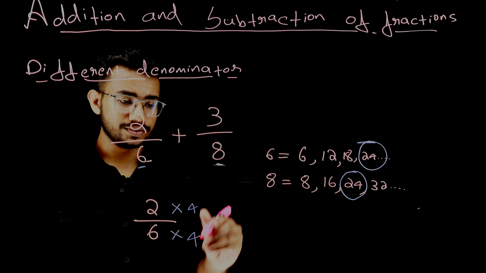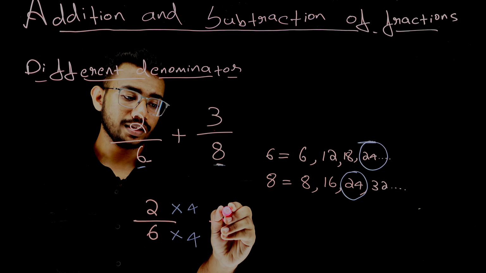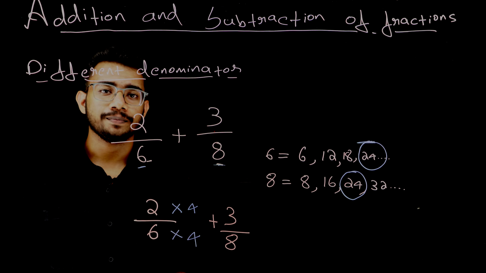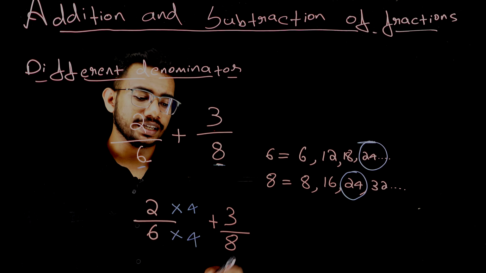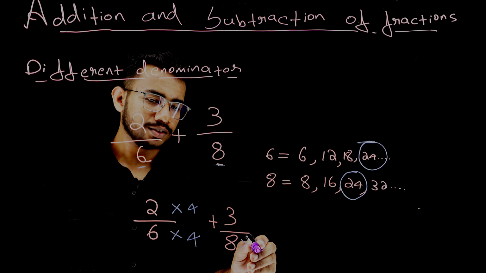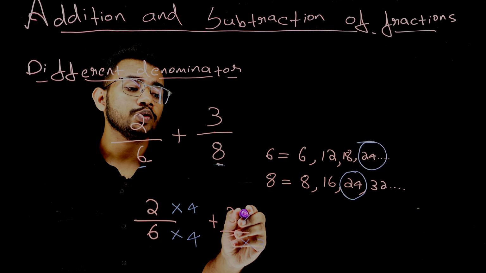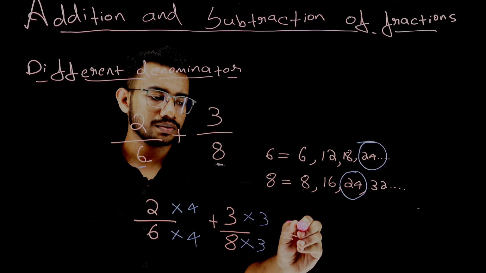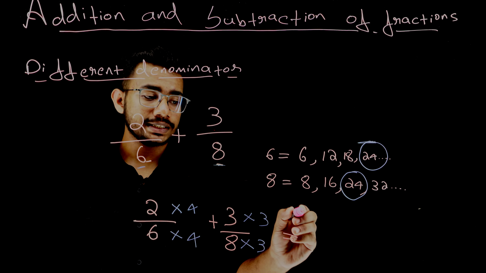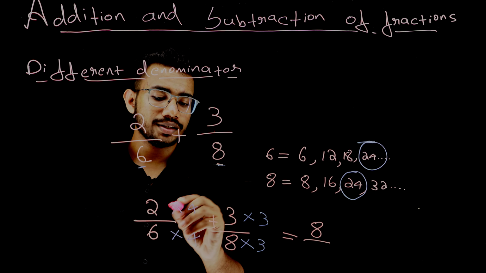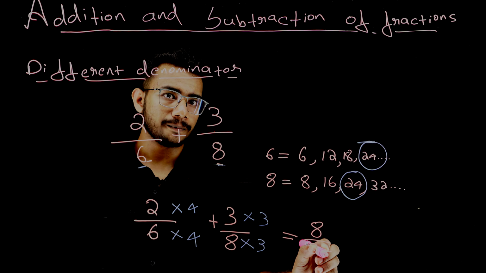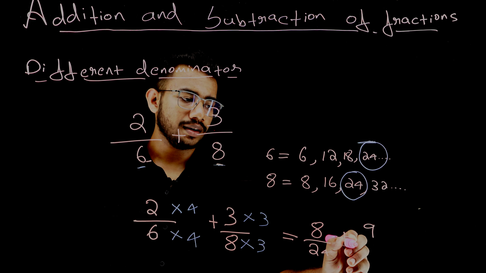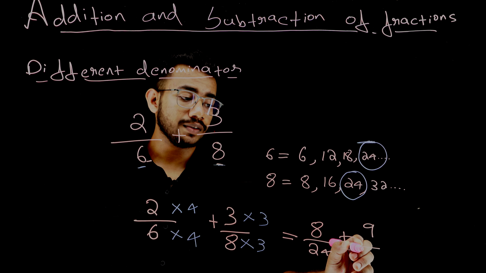So I multiply by 4 on the numerator also. In the second case, I have 3/8. With what number do I have to multiply the denominator to make it 24? Exactly, it is 3. So I do the same with the numerator as well. This changes the fractions into 4 times 2 is 8 over 6 times 4, 24, plus 3 times 3, 9 over 8 times 3, 24.